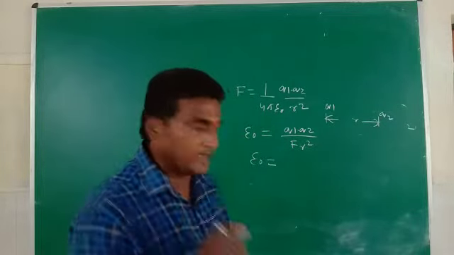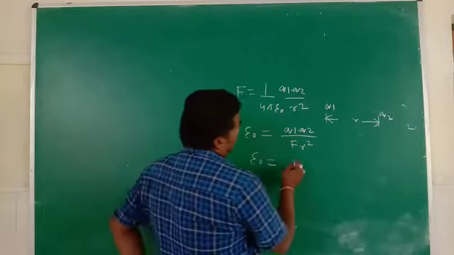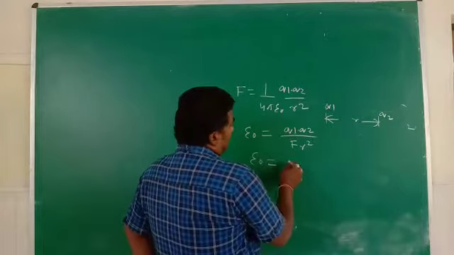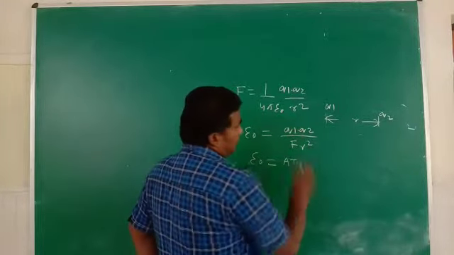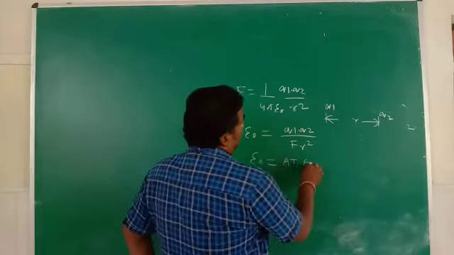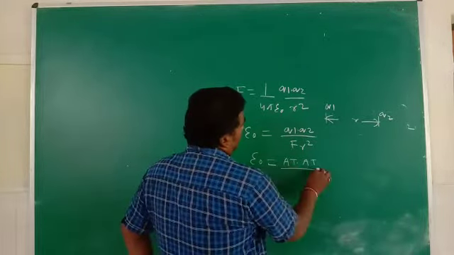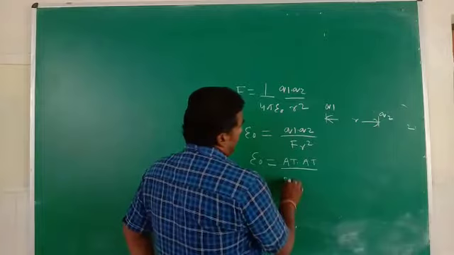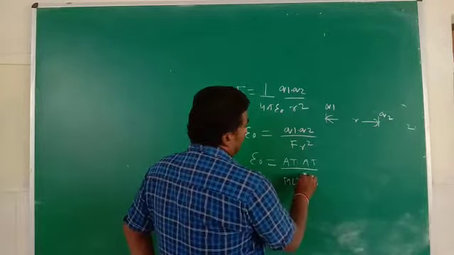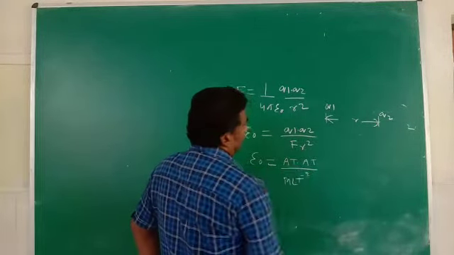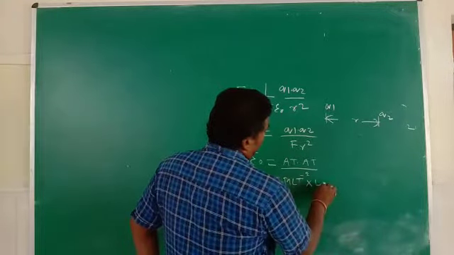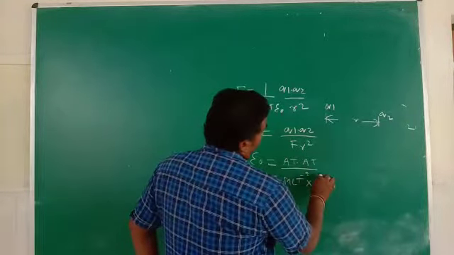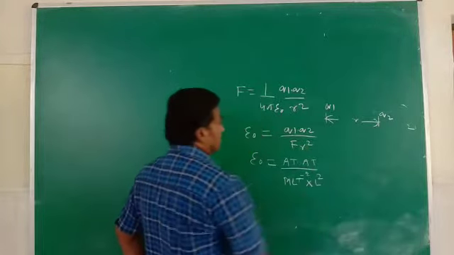We identify the dimension. We know the dimension of charge is AT, and for the two charges, it is AT into AT. The applied force has dimension M L T power minus 2. Small r is the distance, so the dimension is L, and therefore r square is L square.